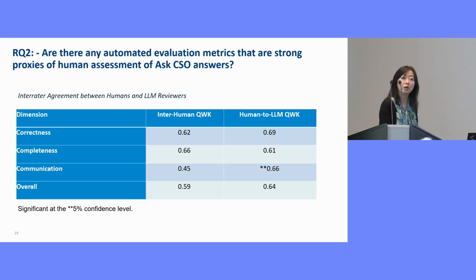The humans don't agree with each other that much, especially in the communication dimension. But we trained the LLM using the same approach, and we can see the improvement, especially for the communication dimension. The inter-rater reliability increased significantly.